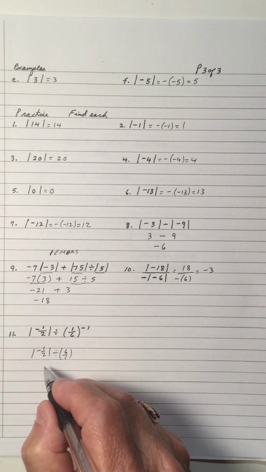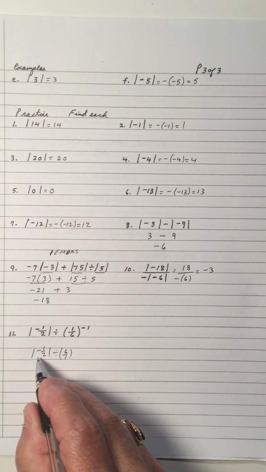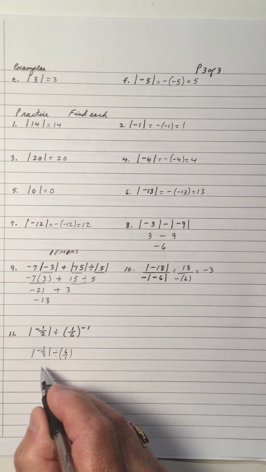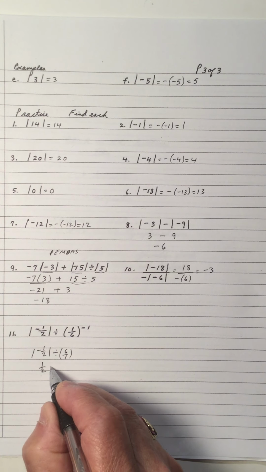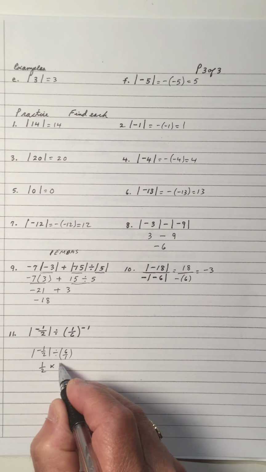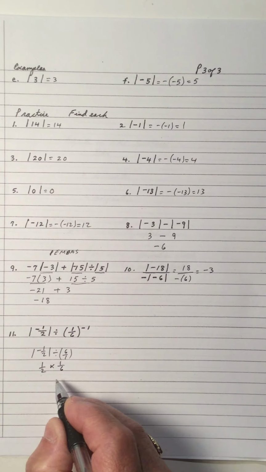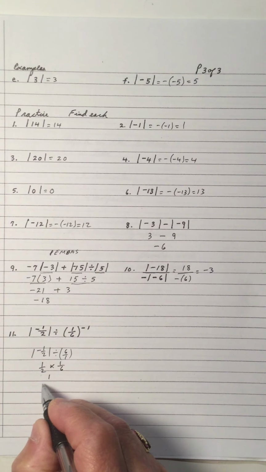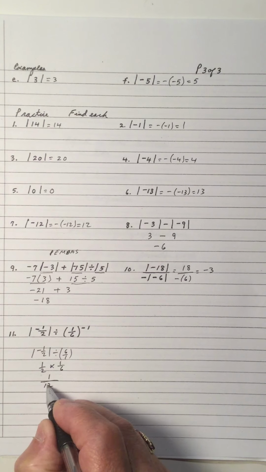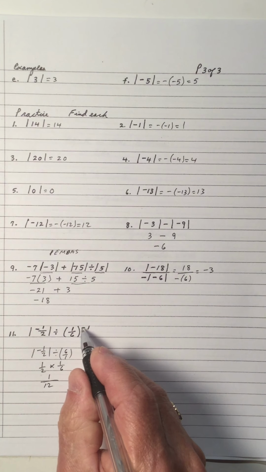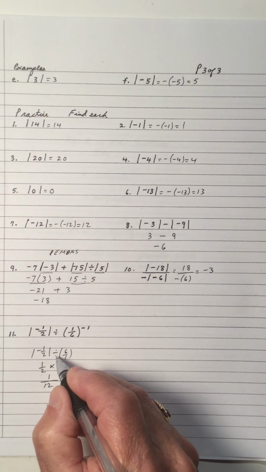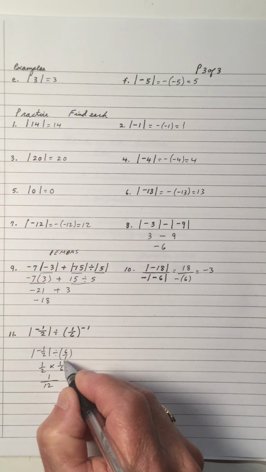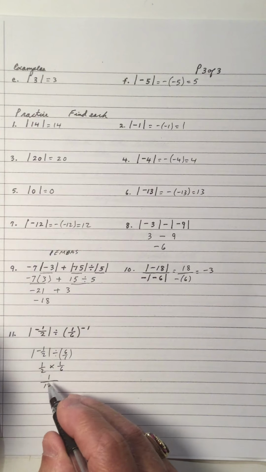Now the absolute value of negative a half is 1/2, divided by, we're dividing, so we're going to multiply by the reciprocal, which is 1 over 6. So 1 times 1 is 1, and 2 times 6 is 12. So I did the power first to get the reciprocal, which is 6 over 1. Because you're dividing, you multiply by the reciprocal, which is 1 over 6, and the answer is 1/12.